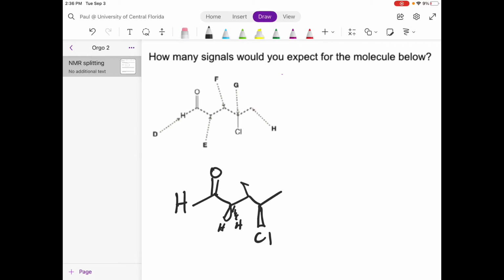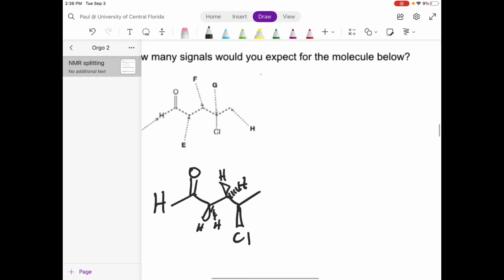And then we have to figure out what's the relationship between these as well. Now you can do a plane of symmetry argument here if you'd like. And since you can't see me, that's going to be a little difficult to do. So what we're going to be forced to do in this example would be a replacement test.